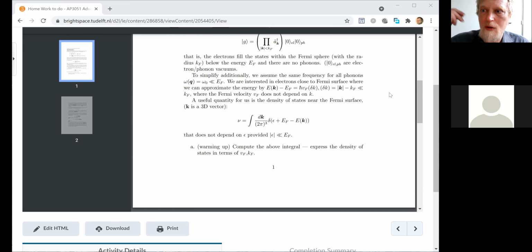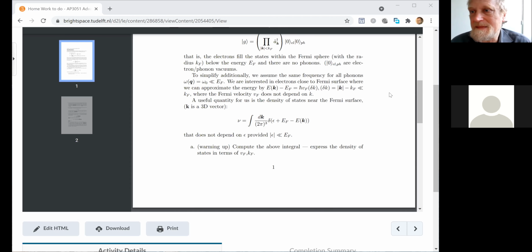Frequency is proportional to the wave vector. So it goes to 0 when the wave vector goes to 0. This is very fundamental. It concerns all deformations of the lattice. If you just shift the lattice, you don't pay any energy. And that's what Einstein at some stage missed in his model.